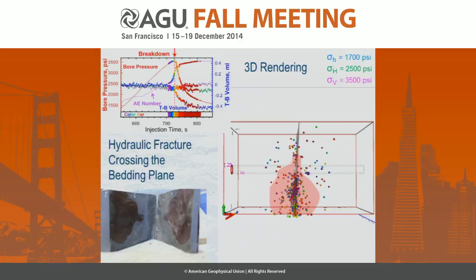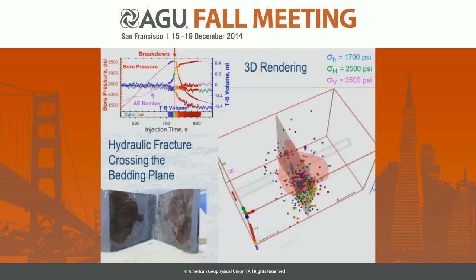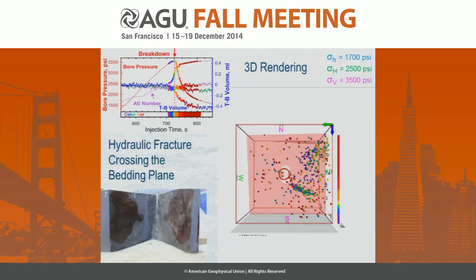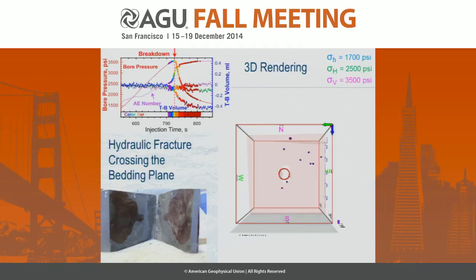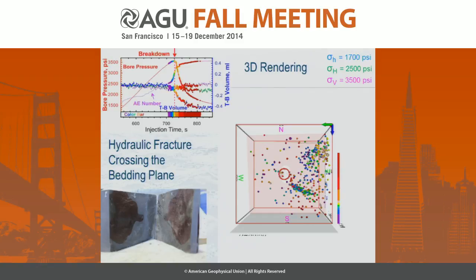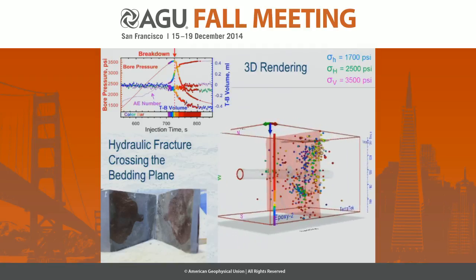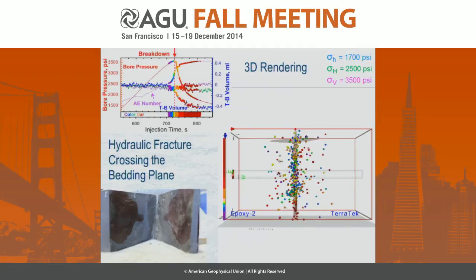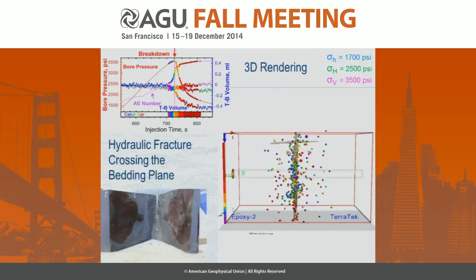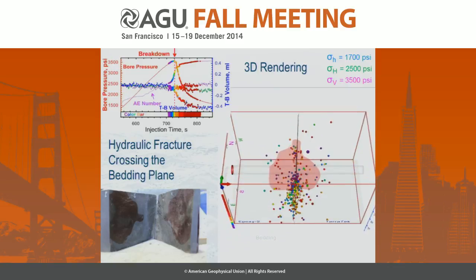You can see a pretty good correlation between the position of our acoustic emission events and the actual position of the hydraulic fracture. But you can also see that we observed almost no acoustic emission events associated with the spreading of epoxy along the bedding plane. We explain this by the assumption that this bedding plane was weak, and during spreading of epoxy it generated very weak acoustic emission signals below the threshold level.